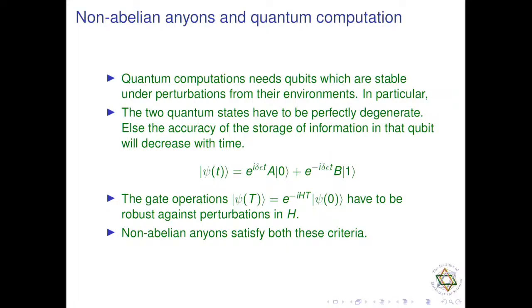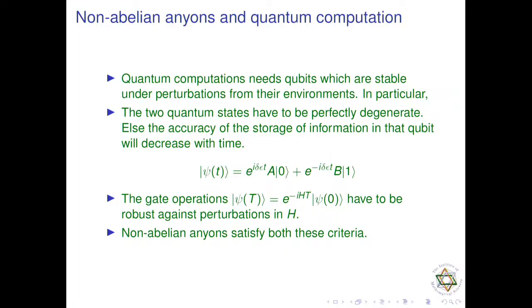Otherwise, the information stored in it will decay in time. Only if this delta is 0 will this qubit remain in the same superposition, otherwise it will decay in time. And the gate operations that you do also have to be very precise.